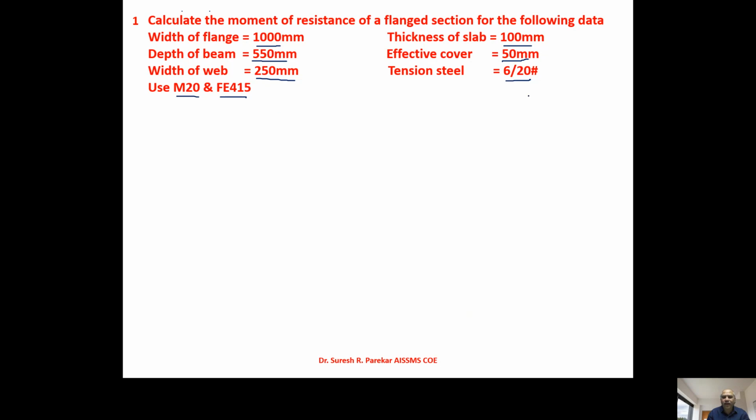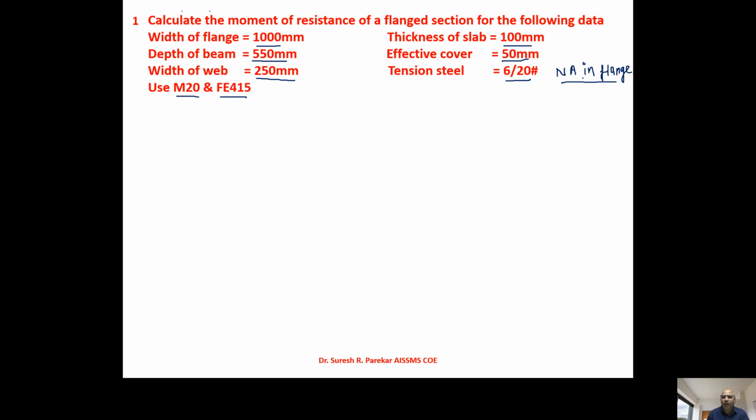Now whenever we go for problems of flange section, we always first consider neutral axis in flange. Whichever problem we have on a flange section, always go with this. If this is satisfied, then we have the simple moment of resistance as a singly reinforced section.